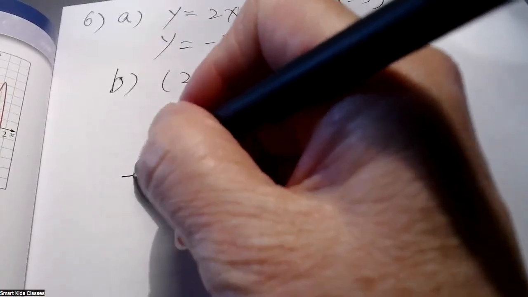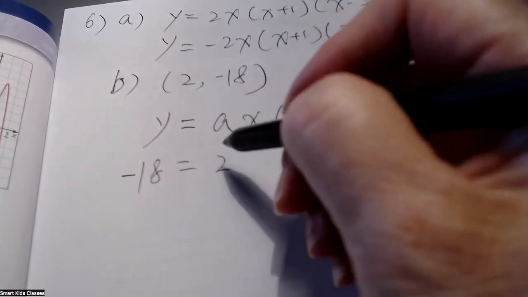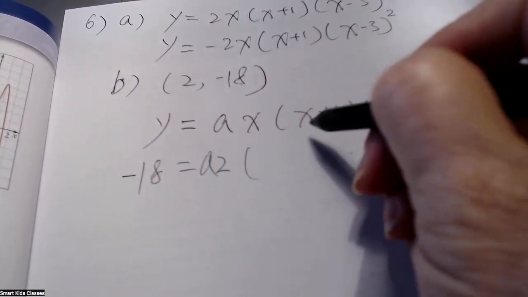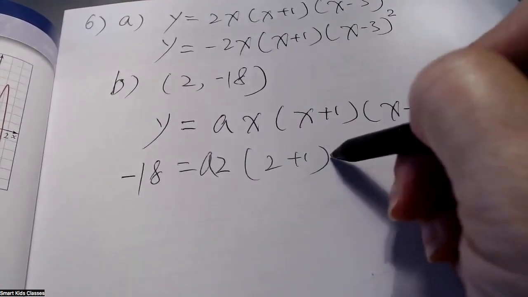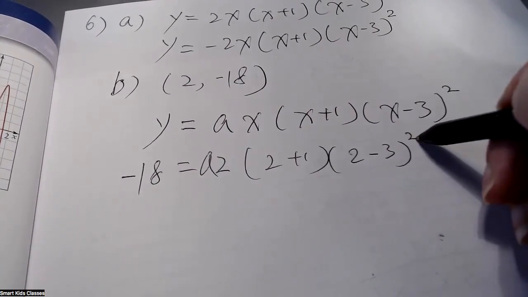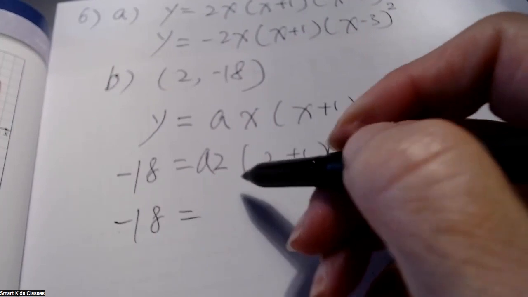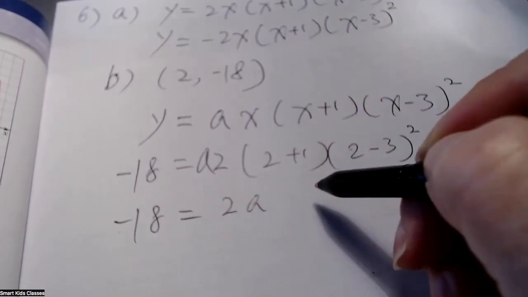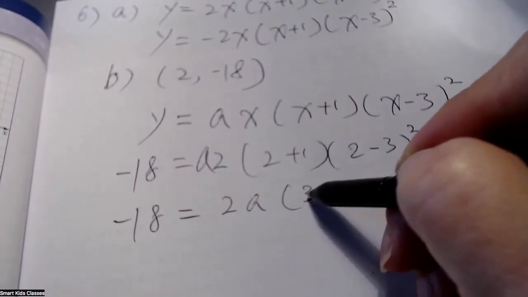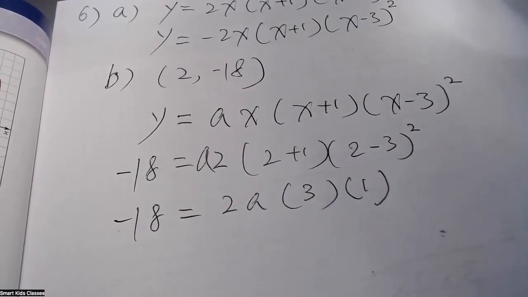So I plug in negative 18 for y, equals a times 2, times 2 plus 1, times 2 minus 3 exponent 2. So the values will be 3 and 1.